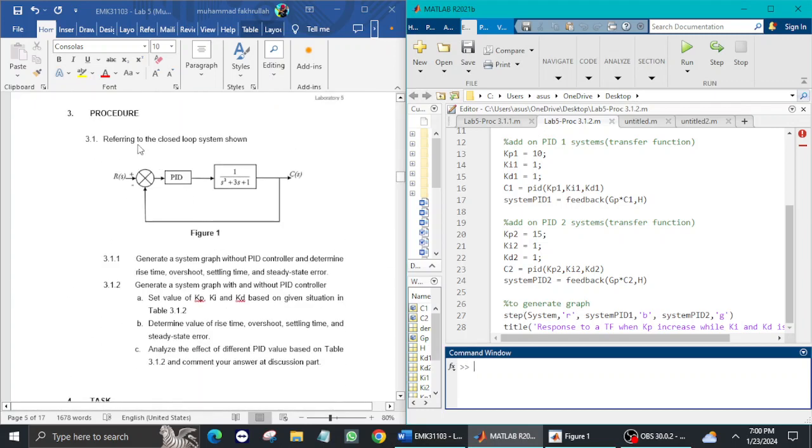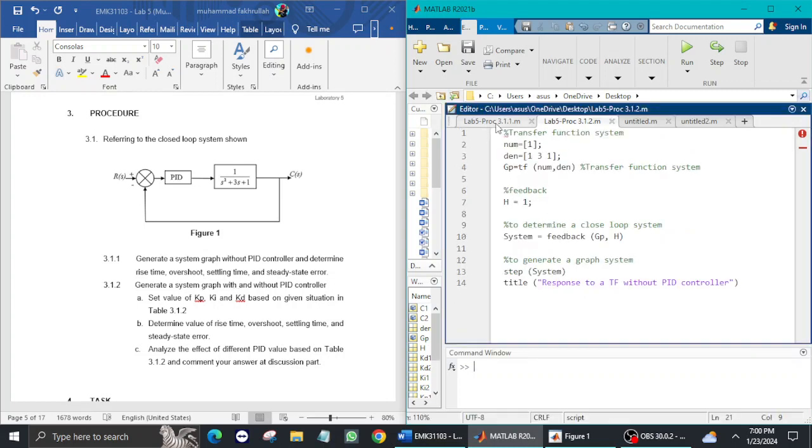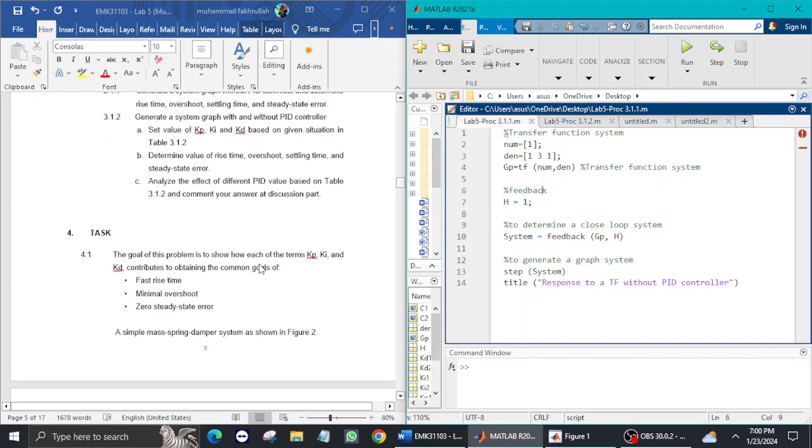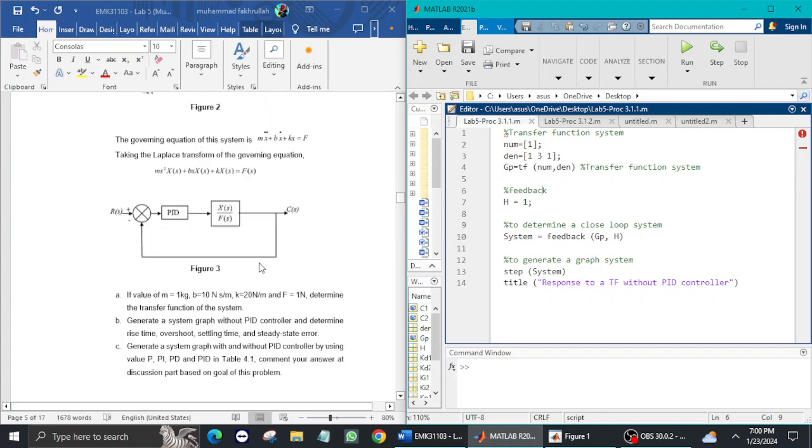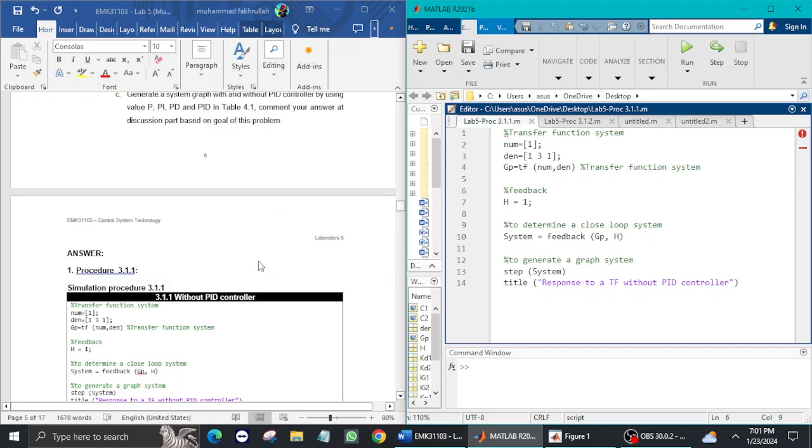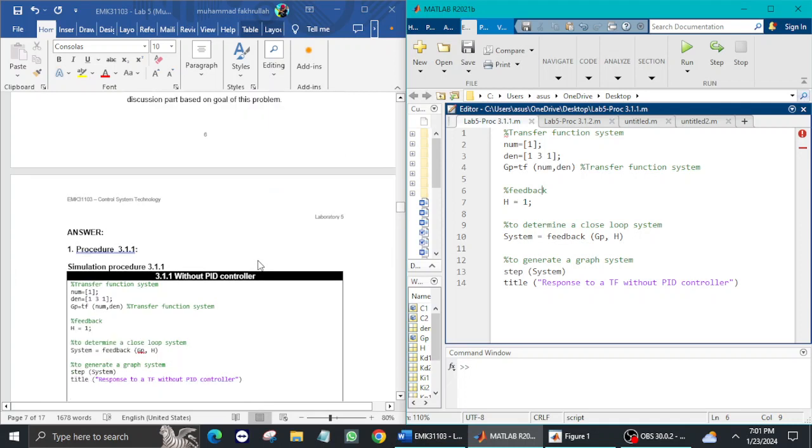Okay, for the first, this is the procedure. First is 3.1.1, generate a system graph without the PID controller and determine rise time, overshoot, settling time, and steady state error. I already made the coding and the result.